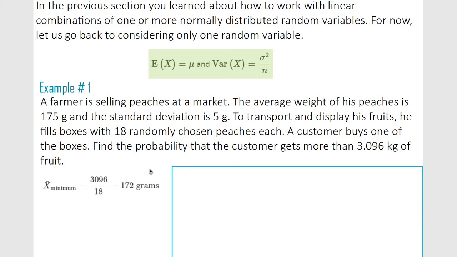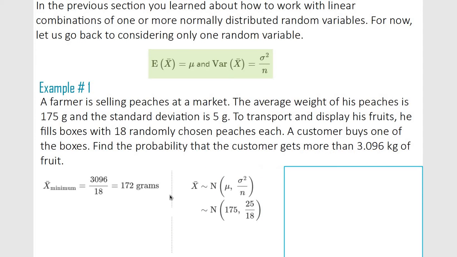Now let's apply that to my new mean and standard deviation. With my mean and my standard deviation, there is a change. Your mean stays at 175. We still expect each peach to be 175, but now that I'm selecting more of them, the variance between them gets smaller.